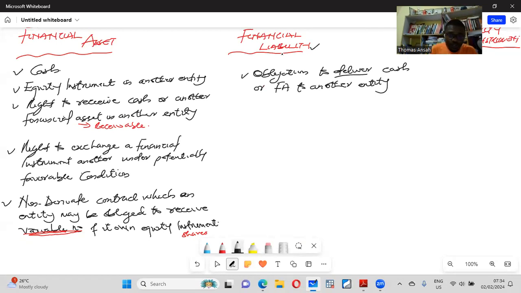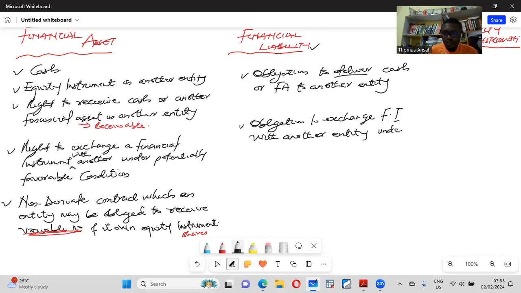Again, if you have an obligation to exchange a financial instrument with another entity under potentially unfavorable conditions, that amounts to a financial liability.